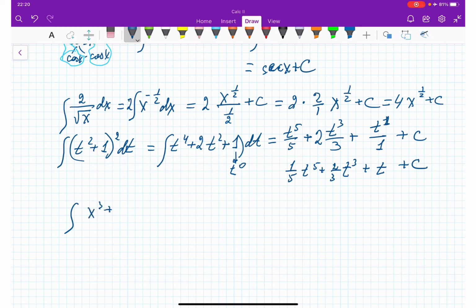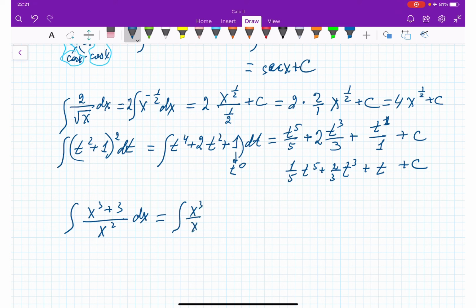Integral of (x cubed plus 3) over x squared dx. Okay, how to solve this one? We can separate, divide x cubed by x squared and then 3 by x squared. This is what I would do.